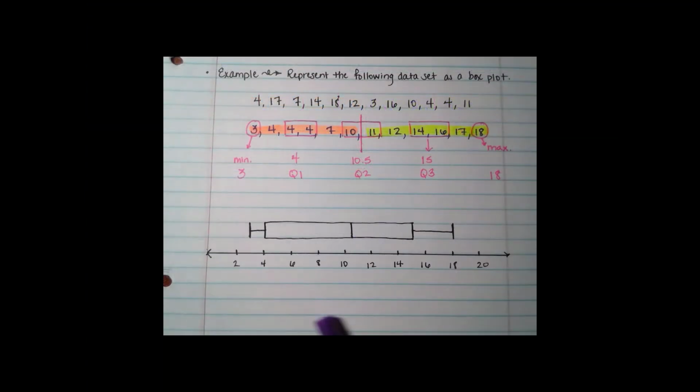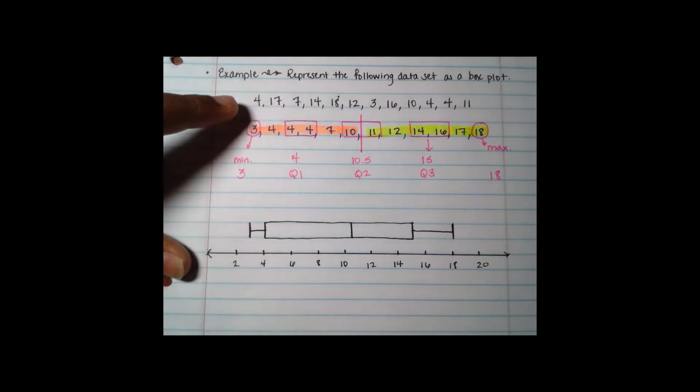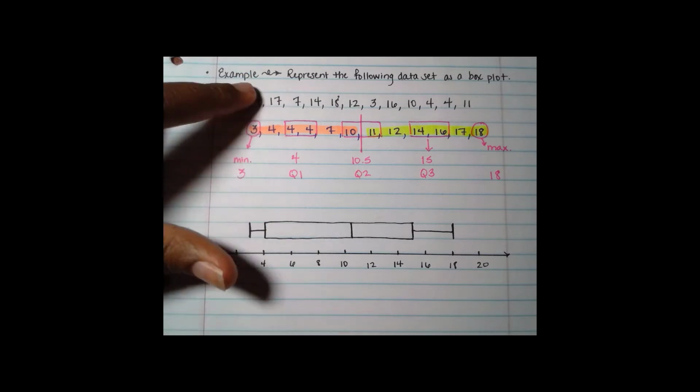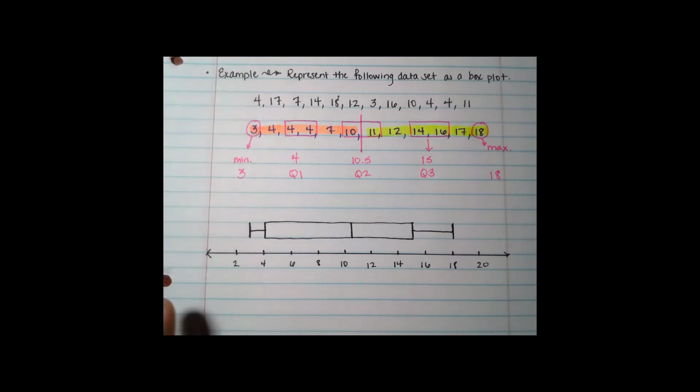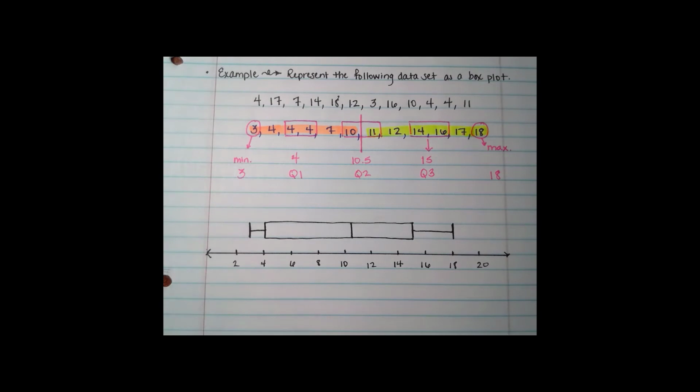So let's take a look at our box plot. This box plot represents the same data set up here, but we don't have the individual numbers anymore. All we have is this. But it gives us a lot of information about the data set even though we don't have the numbers.